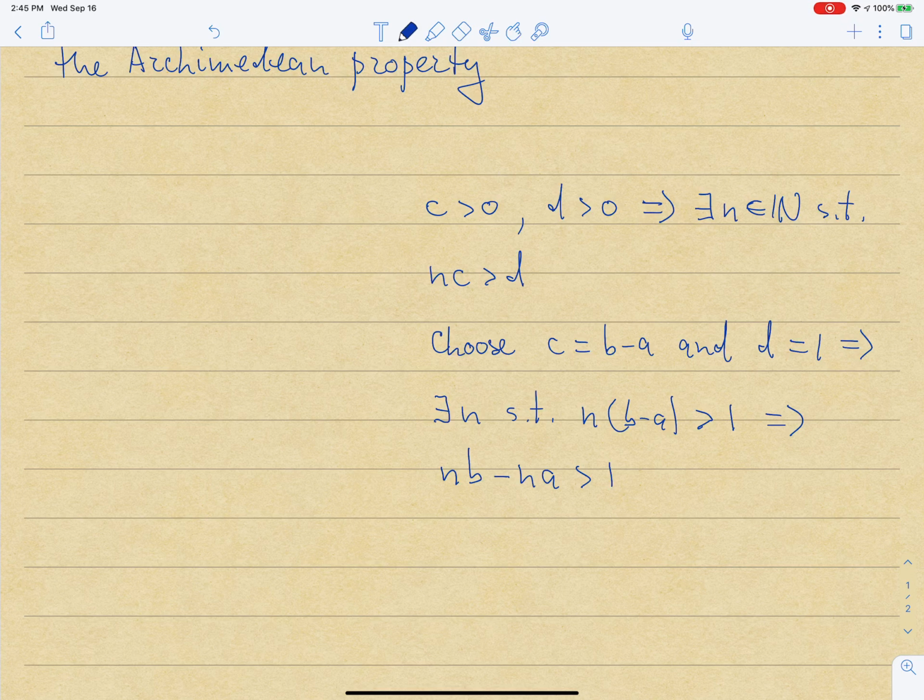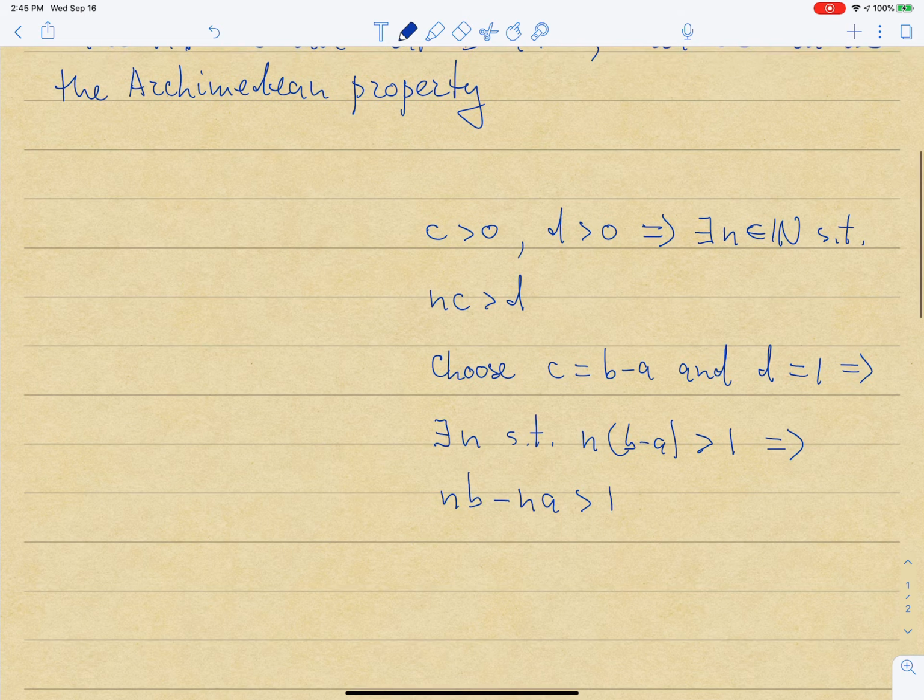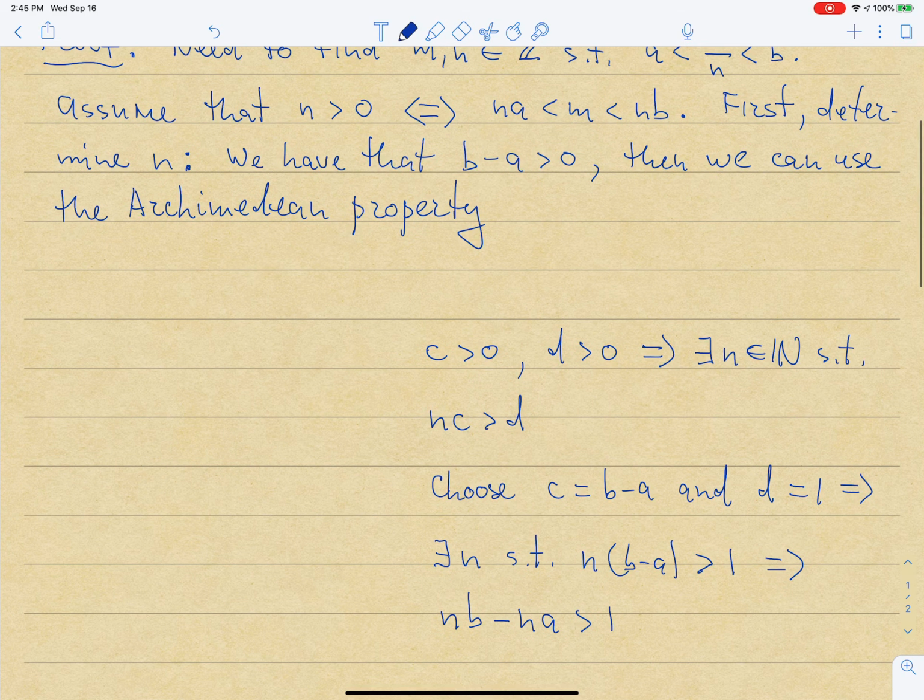Why is this n useful? Because now the difference between nb and na is greater than 1, and if the difference between two numbers is greater than 1, then I should be able to find at least one integer between nb and na. And if I can find one integer between nb and na, then I'm done, because I can use m as such an integer.